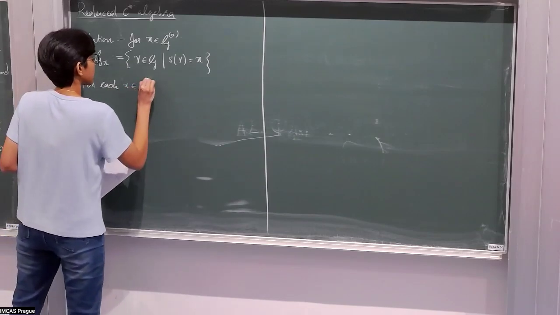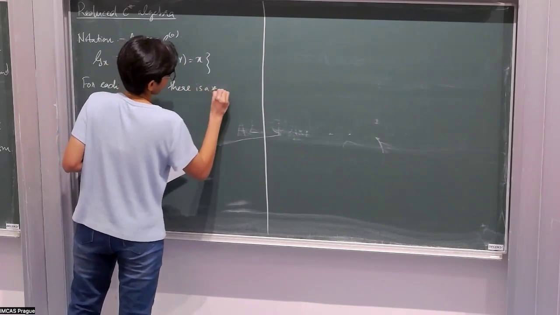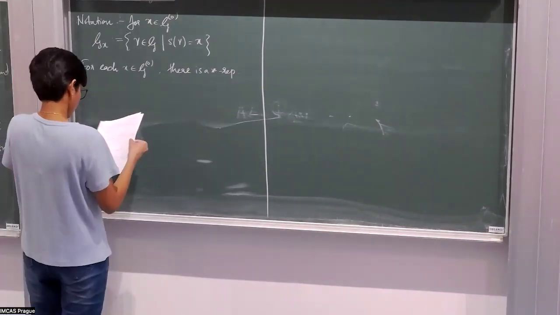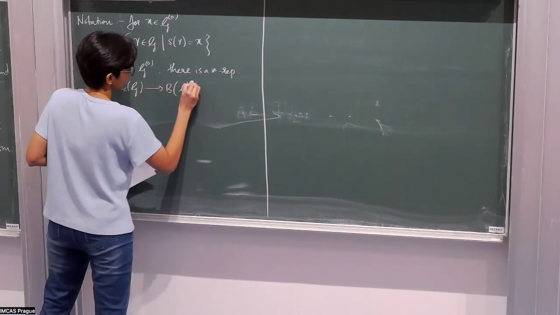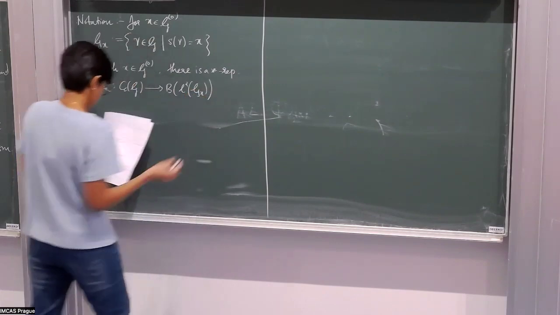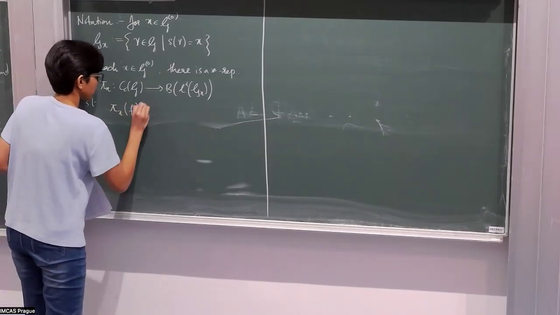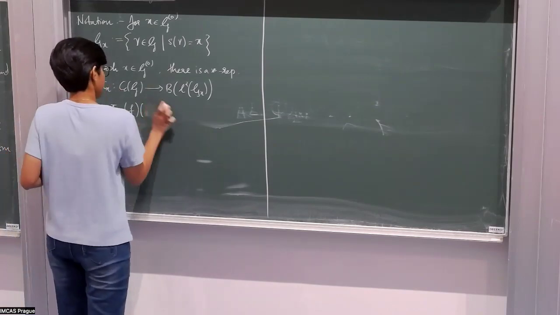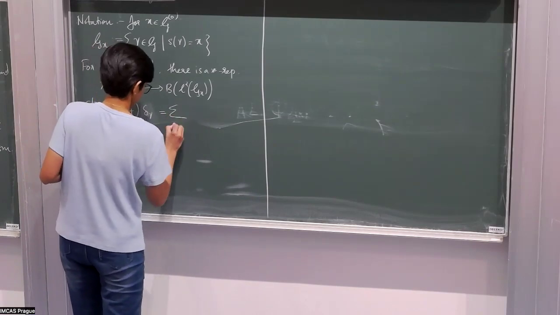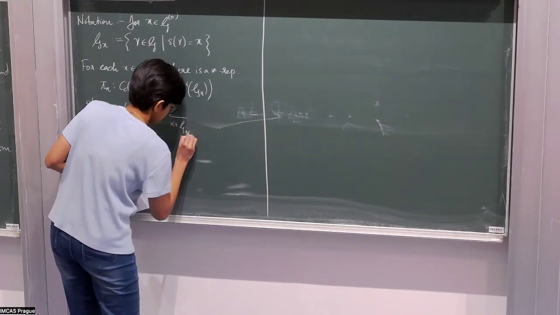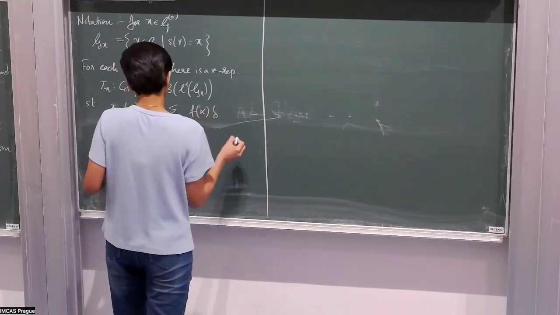For each x in G naught, there is a star representation pi x into B of L2 of G suffix x, such that pi x of f applied to delta gamma is the summation over the alpha with range of alpha equal to source of gamma of f of alpha times delta alpha gamma.